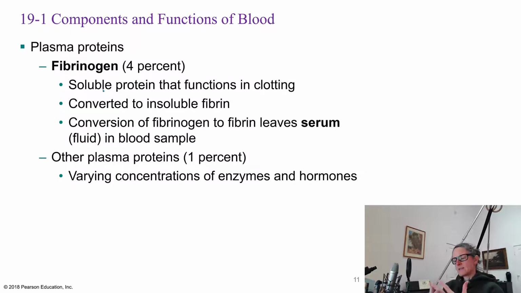It will make these networks, or this meshwork, that acts as a net, and it will plug up the area where the injury has happened. It will trap other formed elements like erythrocytes, platelets, and so forth, and it will stop the blood flow through that cut, or that means of egress that shouldn't otherwise be there. And then, of course, we've got our other plasma proteins that consist of varying things.